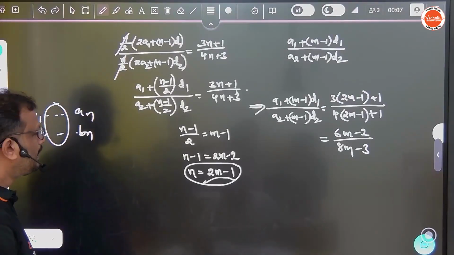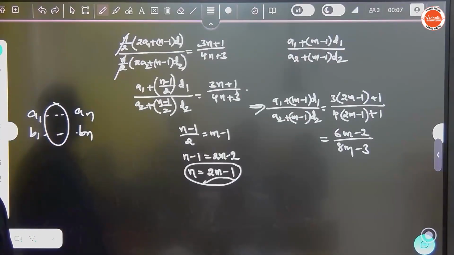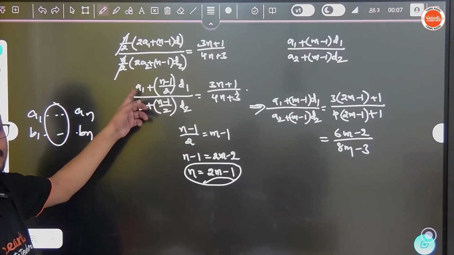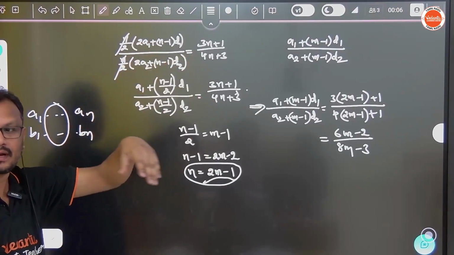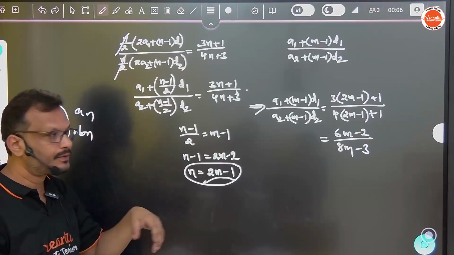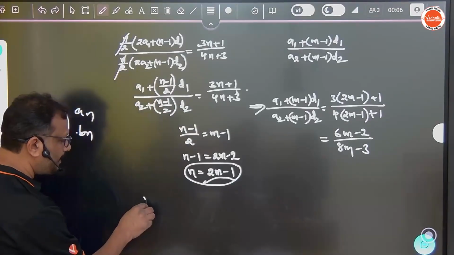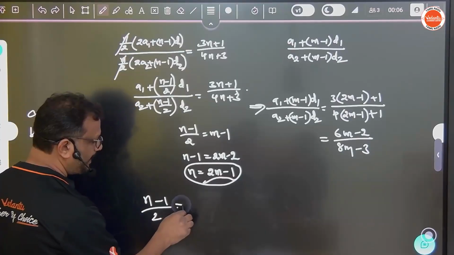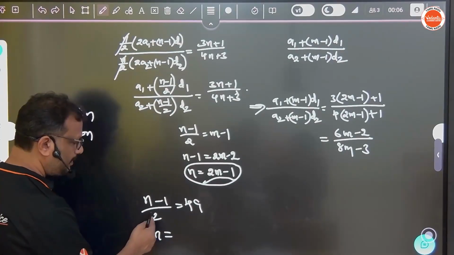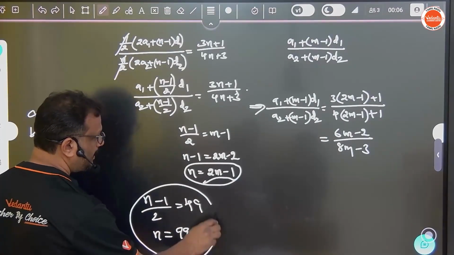The 50th means n minus 1 by 2 must be equal to 50 minus 1, that is, A1 plus 50 minus 1 into D1, and here also A2 plus 50 minus 1 into D2. So n minus 1 by 2 equals 49. So what is the n value now? 98 plus 1, 99.